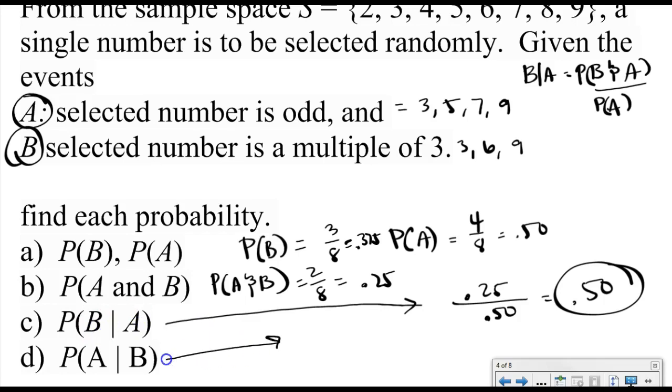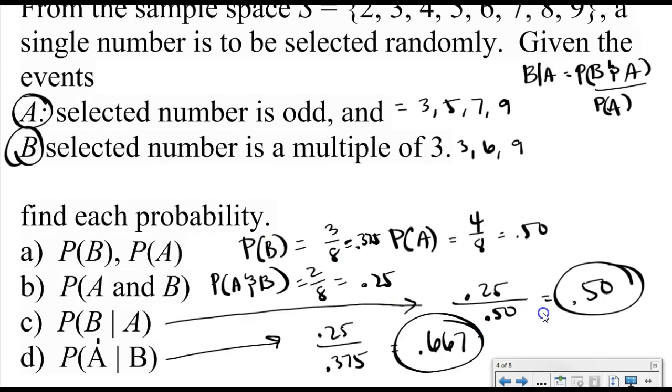For this one, it's saying find the probability of A, and you're told that it is B. So A and B go on top, 0.25, and B goes on bottom. So I do 0.25 divided by my 0.375, and I get 0.667 as my percentage.